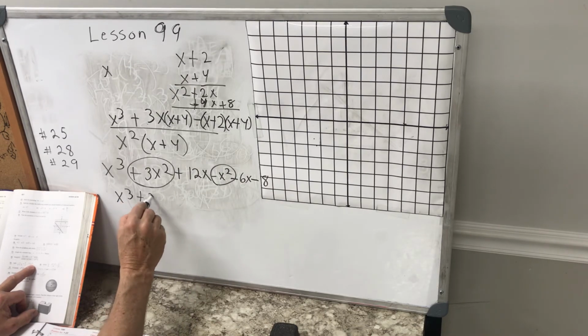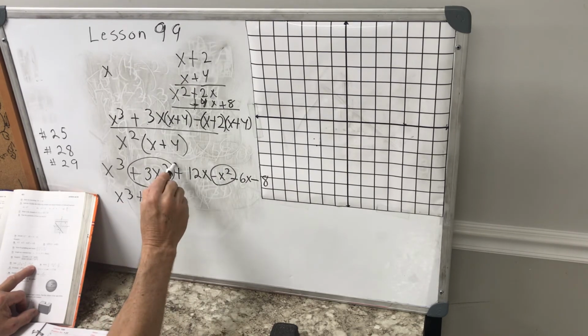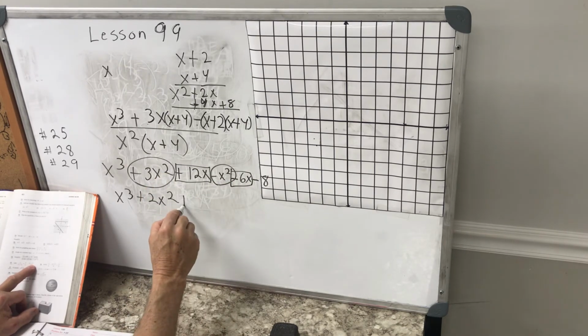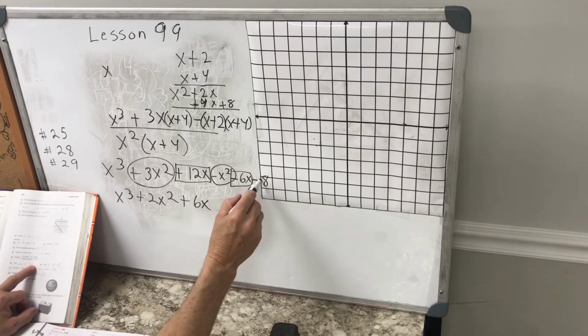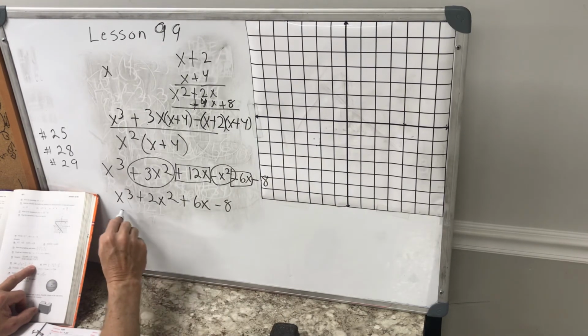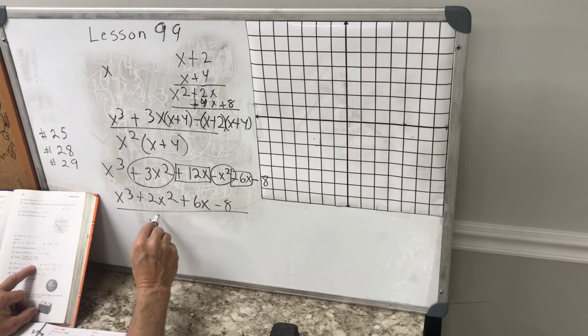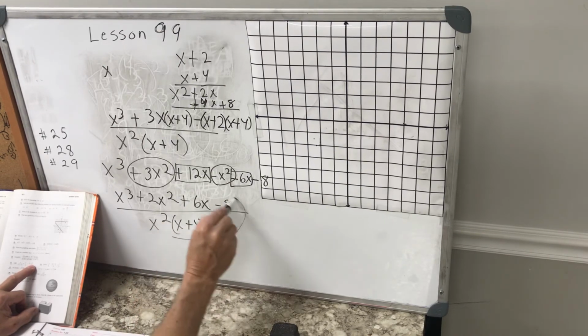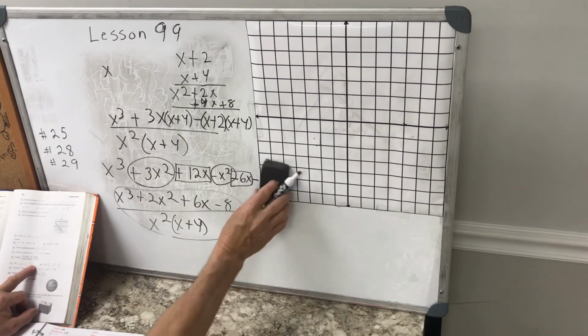That's going to be positive 2x squared. Got a positive 12x and a negative 6x. That's going to be positive 6x. And the number stands alone, negative 8. All of that over top of your denominator, x plus 4. There is your answer. That is a complicated one.